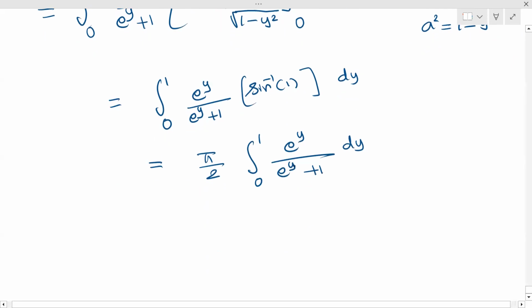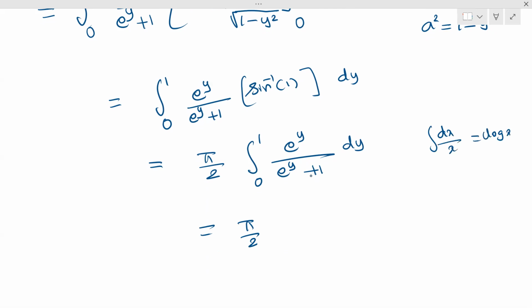So what is the integration of this one? It is of the form dx by x, so it is nothing but log. We know the integration of dx by x is log x.